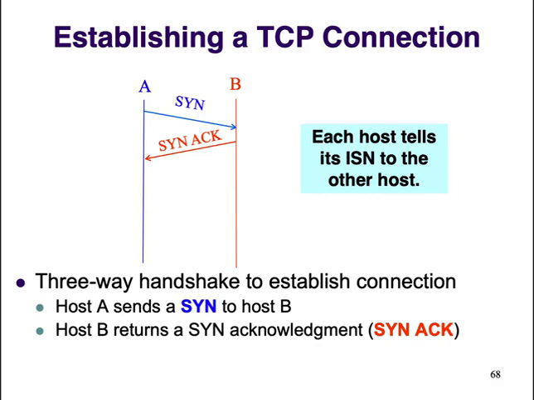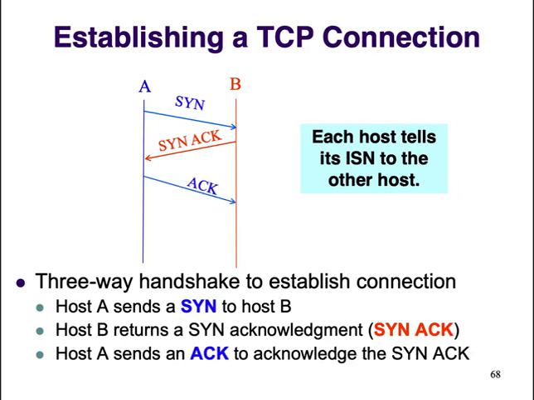The SYN ACK, B is telling A, got it, you can send me data. And here's my initial sequence number because I would like to be able to send you data as well. Okay, so it's both a SYN and an acknowledgement. And then finally, A will acknowledge B's initial sequence number saying, I got your initial sequence number, I'm ready to receive data from you as well. Okay, so this is where we see the full duplex nature.